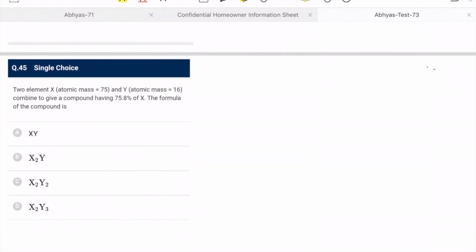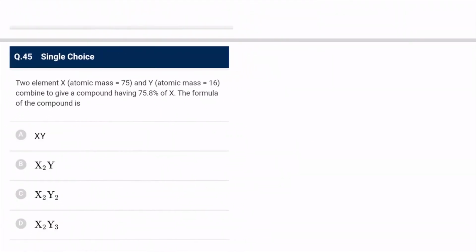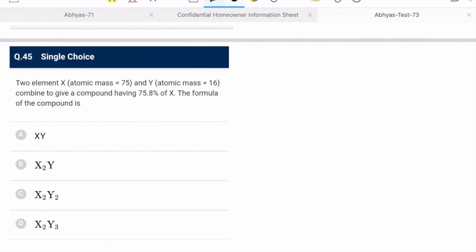That is the last question. Two elements X, atomic mass 75, and Y, atomic mass 16, combine to give a compound having 75.8% of X. And the formula of the compound is, so this is also an easy question only. So X is 75.8, so Y will be 100 minus 75.8, so we can take it as 24.2. So he has given the percentage.